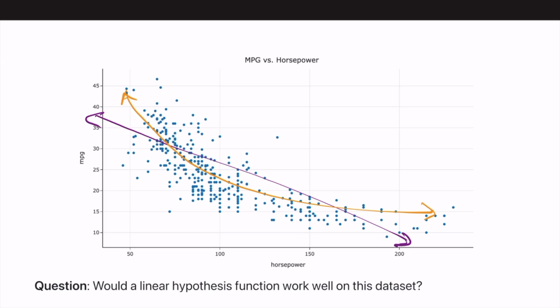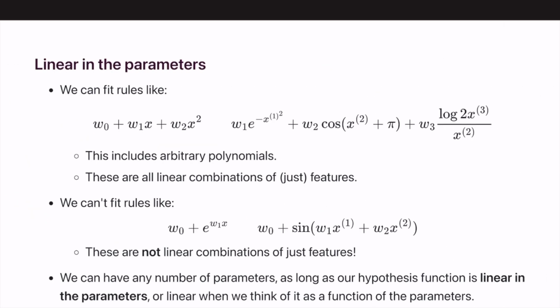This leads us to the idea that we really want to think about linearity in our parameters, and we very well can model things with relationships like this, or like this, or like this, or even like this.